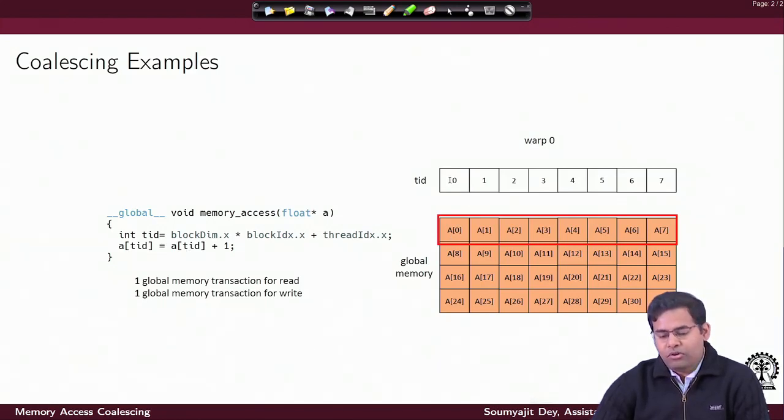So warp 0 contains TID 0, 1, 2, 3, 4, 5 and like that. So warp 0 is accessing memory locations A0, A1, A2, A3, A4, A5, A6, A7 like that, right? So considering that this is going to be your global memory transaction, we are not drawing here 32 thread IDs and all that, just to make the point very clear. So essentially, what are you really doing?